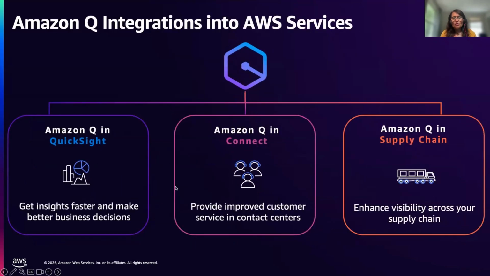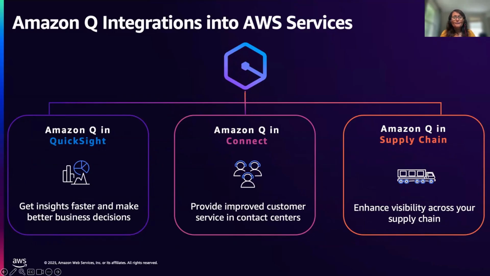Q is also integrated with other AWS services, for example, Amazon Q in QuickSight. You can use that to enhance your business productivity using generative BI capabilities. The goal is to help accelerate your decision making.